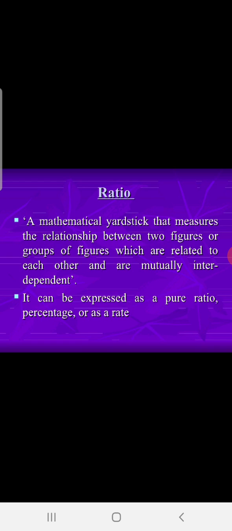When you take the example of ratio analysis regarding any bank's financial statement, there are a number of factors. Some are balance sheet factors, and some are off balance sheet factors. So you have to express them in terms of ratios. It can be expressed as a pure ratio, a percentage, or a rate. It gives the percentage, and that percentage shows the strength of the functioning.